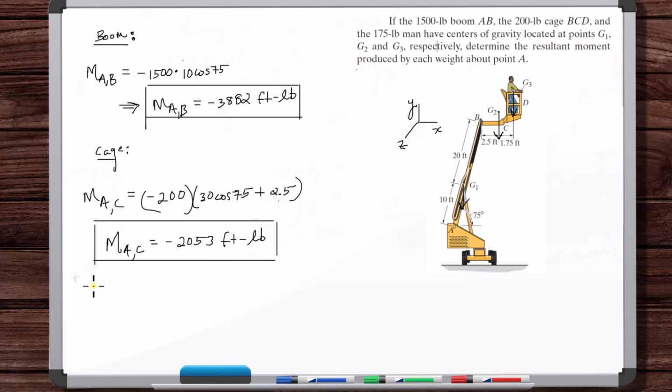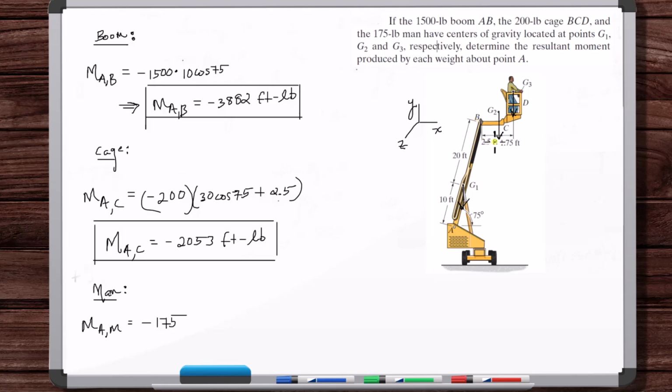Okay, now the man. The moment about point A of the man is also going to be negative, and he's 175 pounds. It's hard for me to believe that this entire cage weighs 200 pounds and the man weighs 175 pounds, but okay.